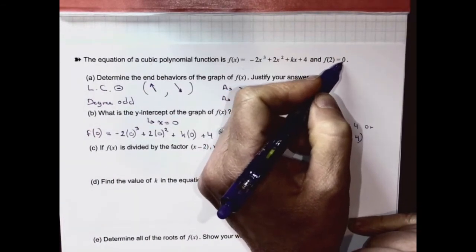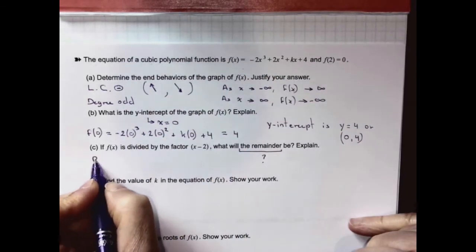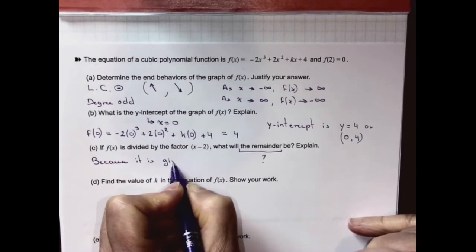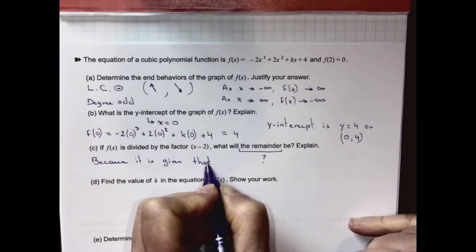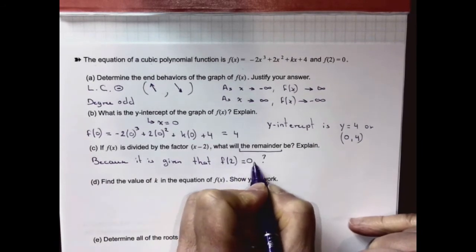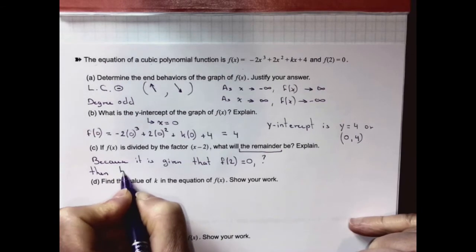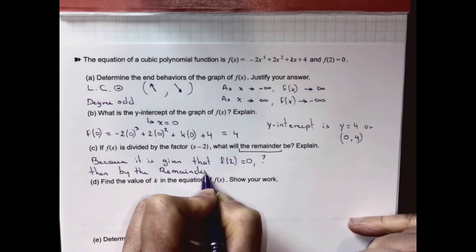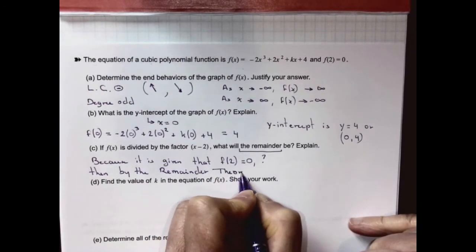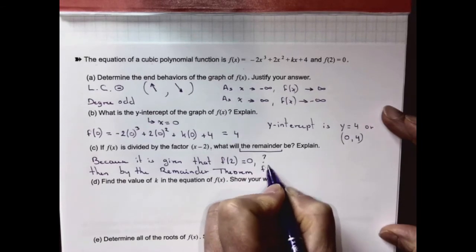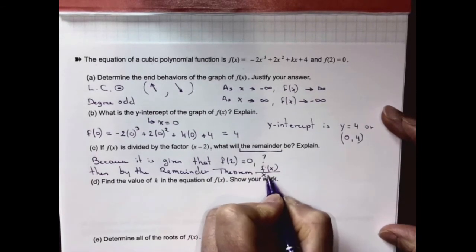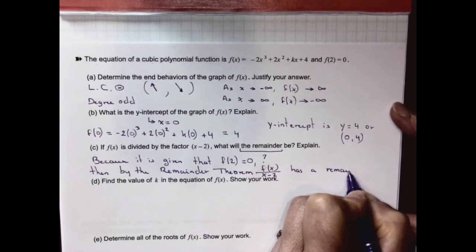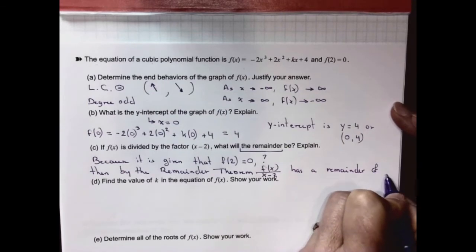So we're going to say because it is given that f of 2 equals 0, then by the remainder theorem, f of x divided by x minus 2 has a remainder of 0, right?